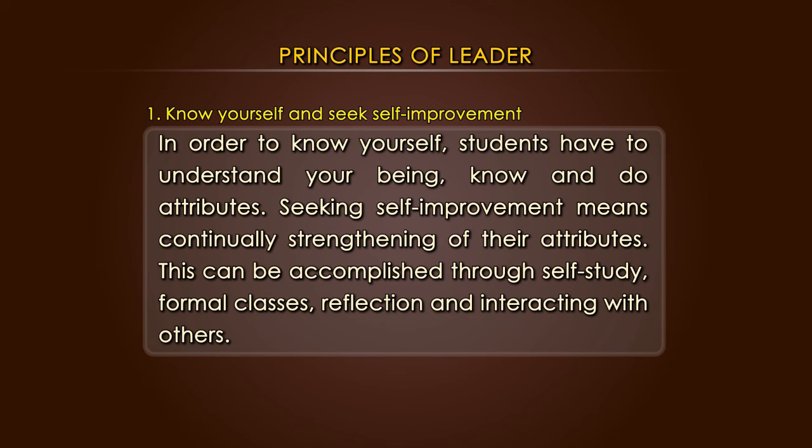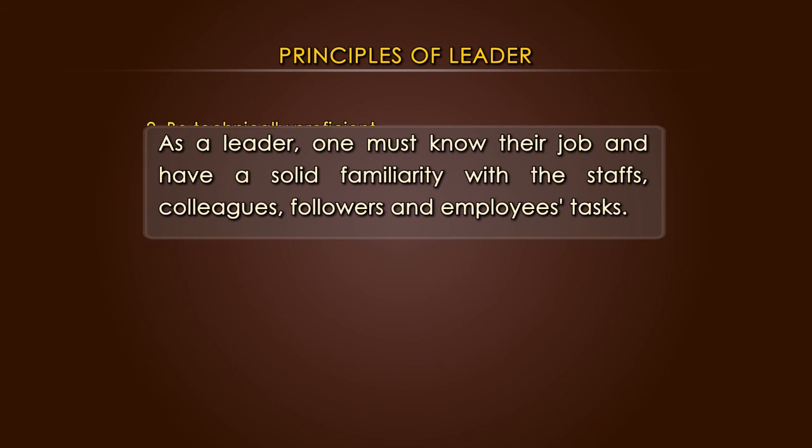This can be accomplished through self-study, formal classes, reflection, and interacting with others. Number 2, be technically proficient. As a leader, one must know their job and have a solid familiarity with the staff's, colleagues', followers', and employees' tasks.